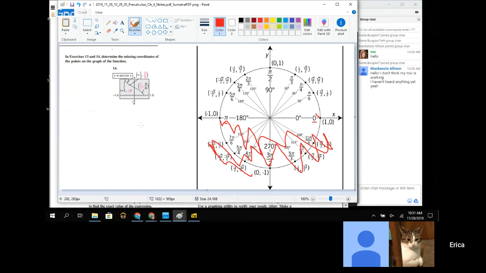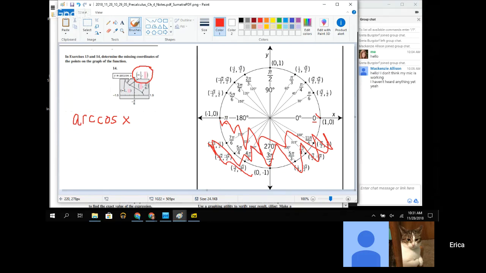So let's think about this. Which one do I want to start with? I want to start with this value up here. Let me explain this. The arc cosine of x is my function, and it has a relationship.